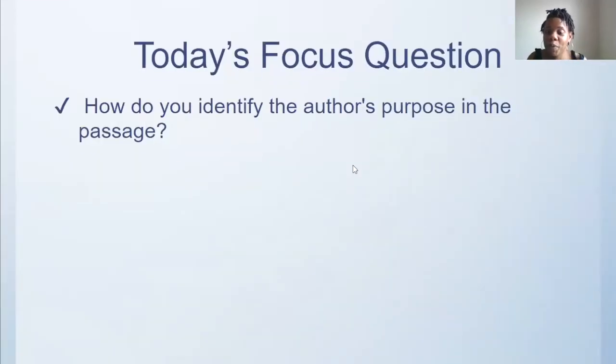All right, welcome back. So let's think about today's focus question. How did we identify the author's purpose in today's story, A Tricky Monkey? Hmm. Well, we found key details from the story. We found that it was a fiction story.